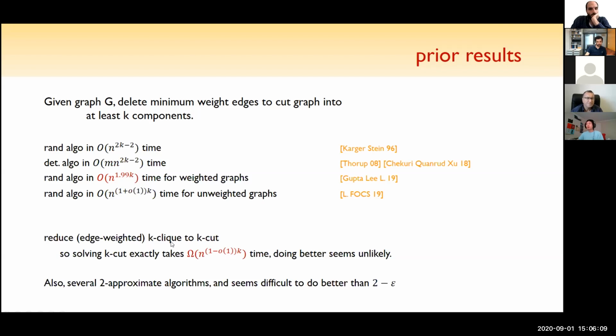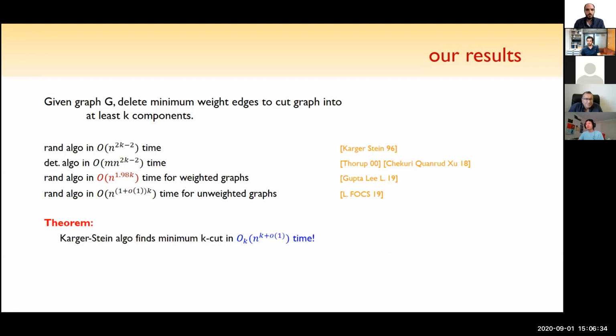So based on popular conjectures on the hardness of max weight K-clique, solving the K-cut is unlikely to be done faster than n to the K time. Finally, on the approximation side, which we won't cover in this talk, two approximations are known in polynomial time, and it's difficult to do better than 2 minus epsilon.